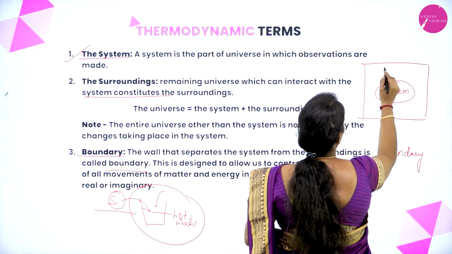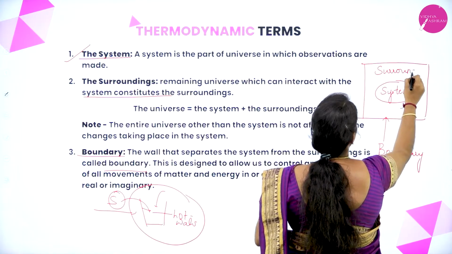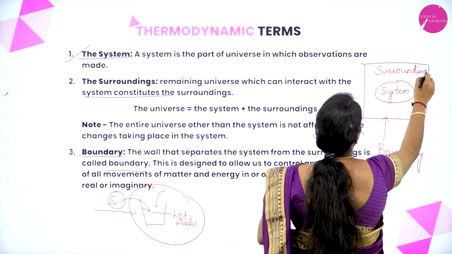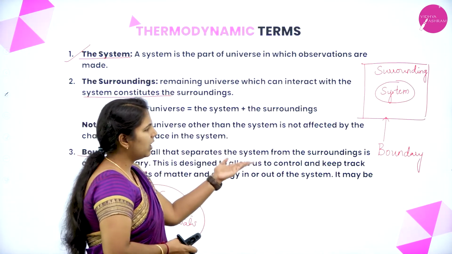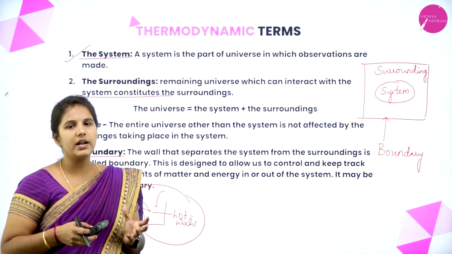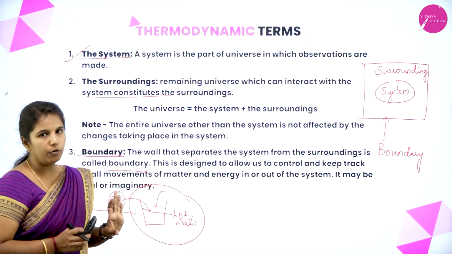What is surrounding? It is the remaining universe which keeps on interacting with the system. This is how we can easily understand the differences between system, surrounding, and boundary.